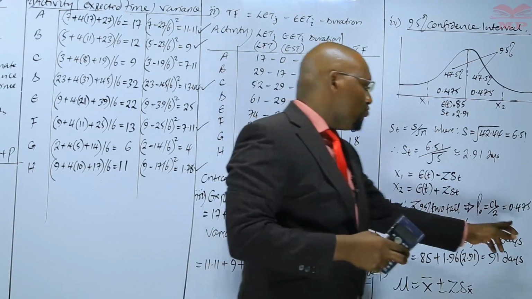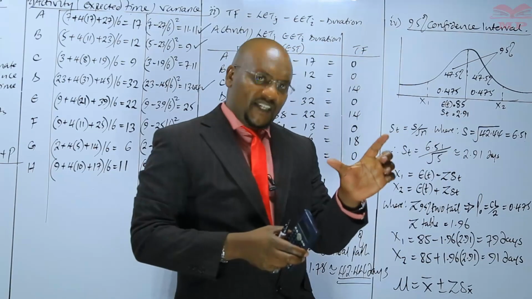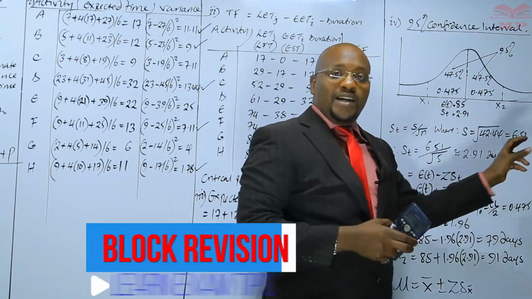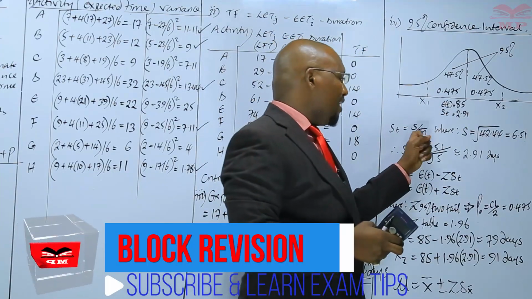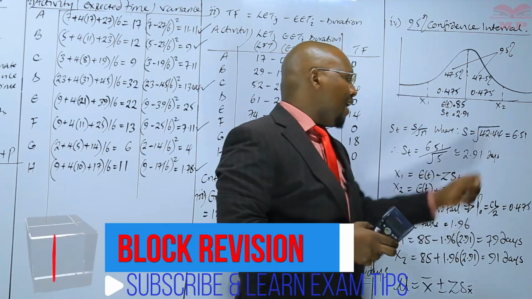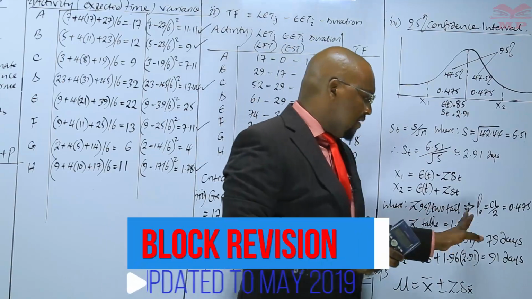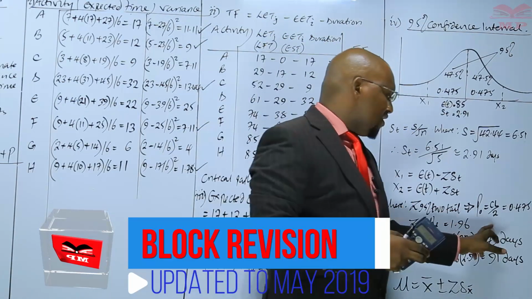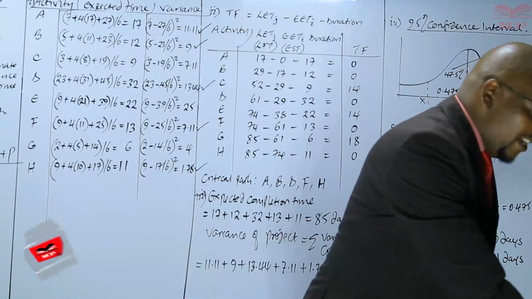So 72, 98. The range would have been so great because of using the standard deviation instead of the standard error. The standard error is determined this way, and we end up with an error of 2.91, and it's the one we use here. Then we have a controlled range of 79 to 91. And that's what we call the 95% confidence interval.